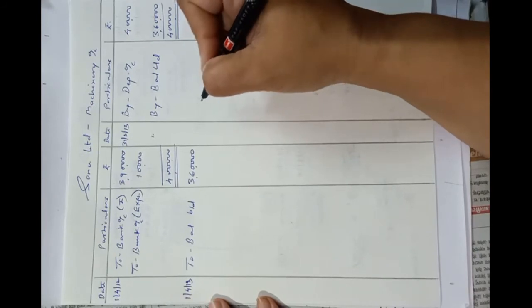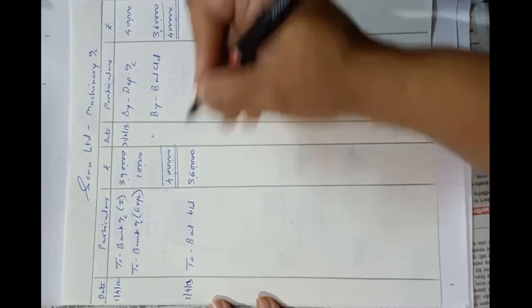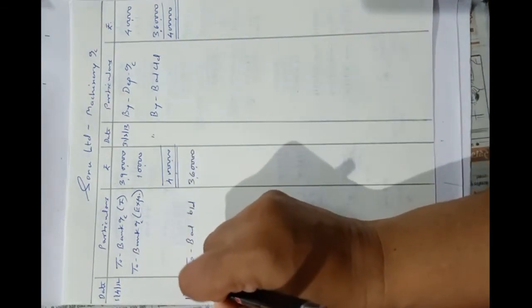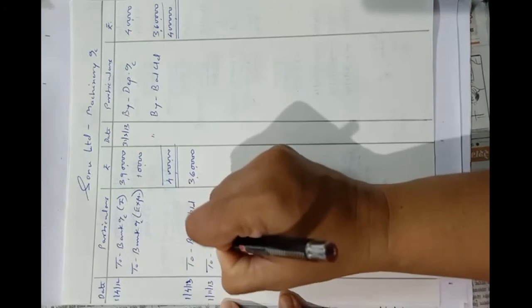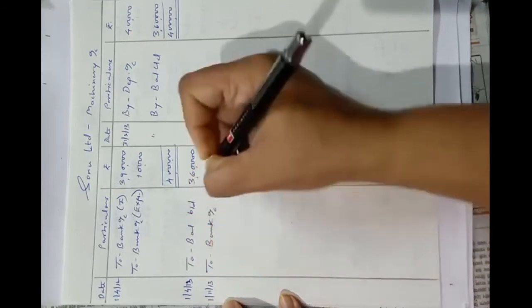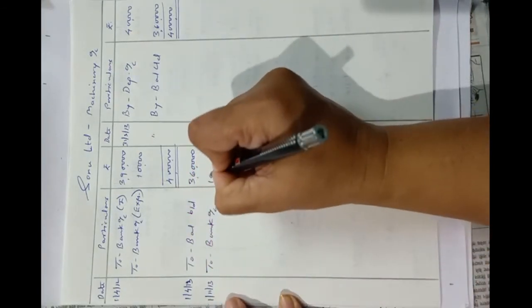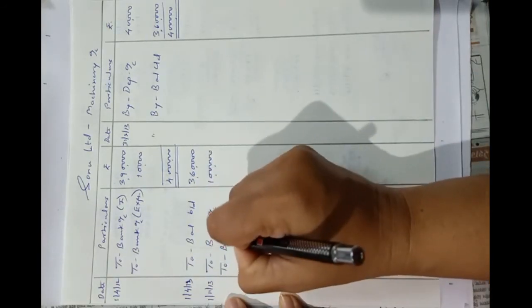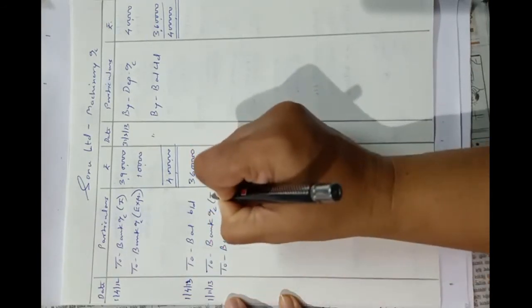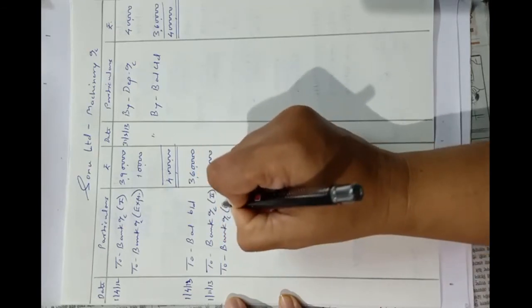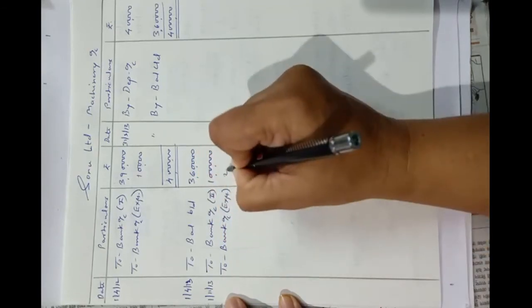Now in second year they have purchased second machinery on 1st November 2013. Okay, so on 1st November 2013, to bank account, they have purchased machinery for rupees 1 lakh and to bank account expenses 20,000.